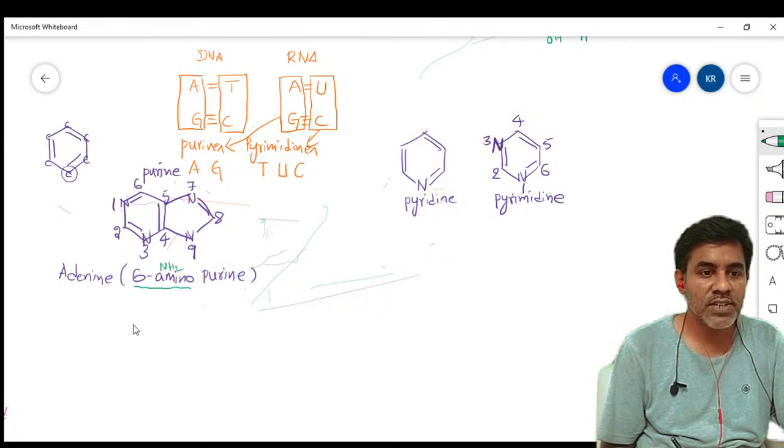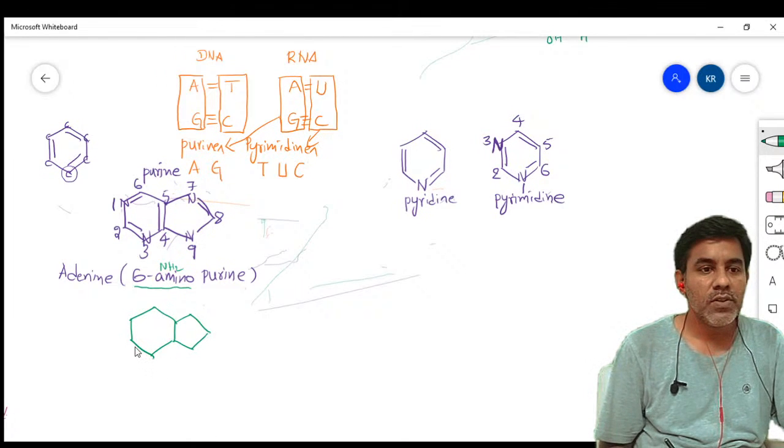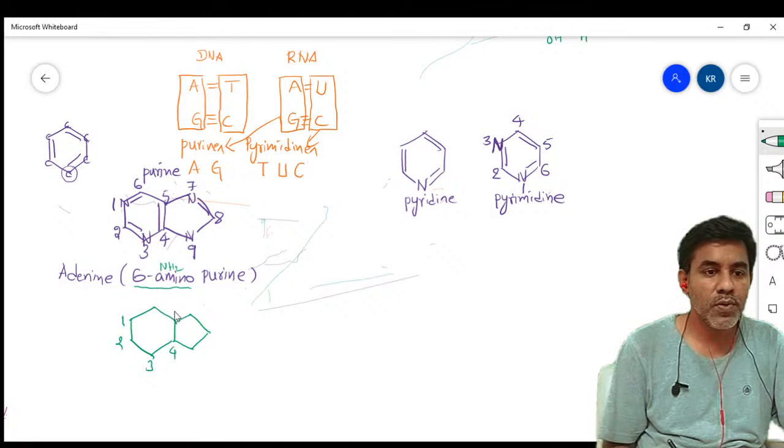So let's have the structure once. If you observe the numbering 1, 2, 3, 4, 5, 6, 7, 8, 9.